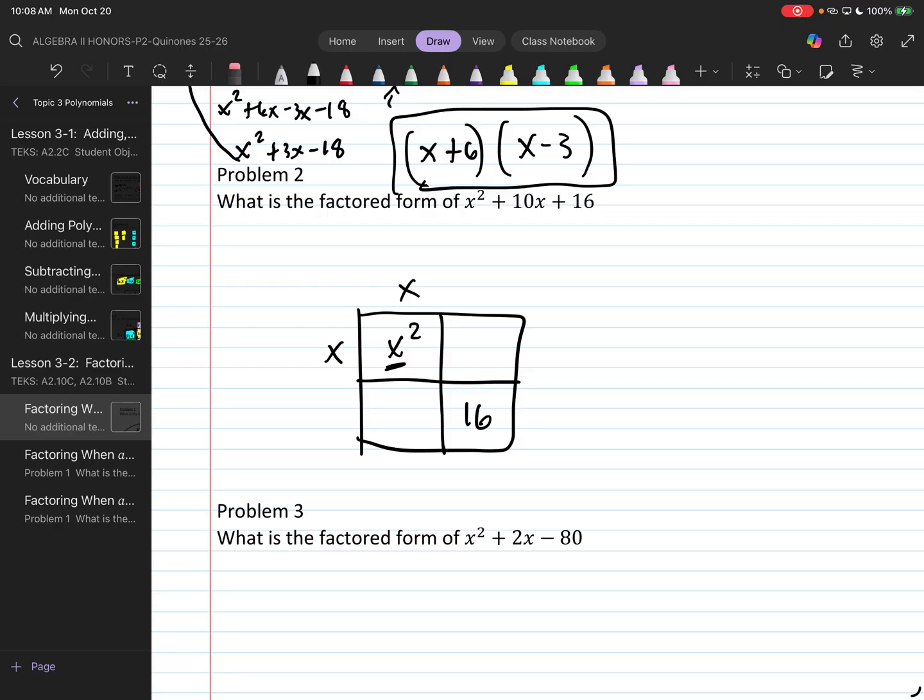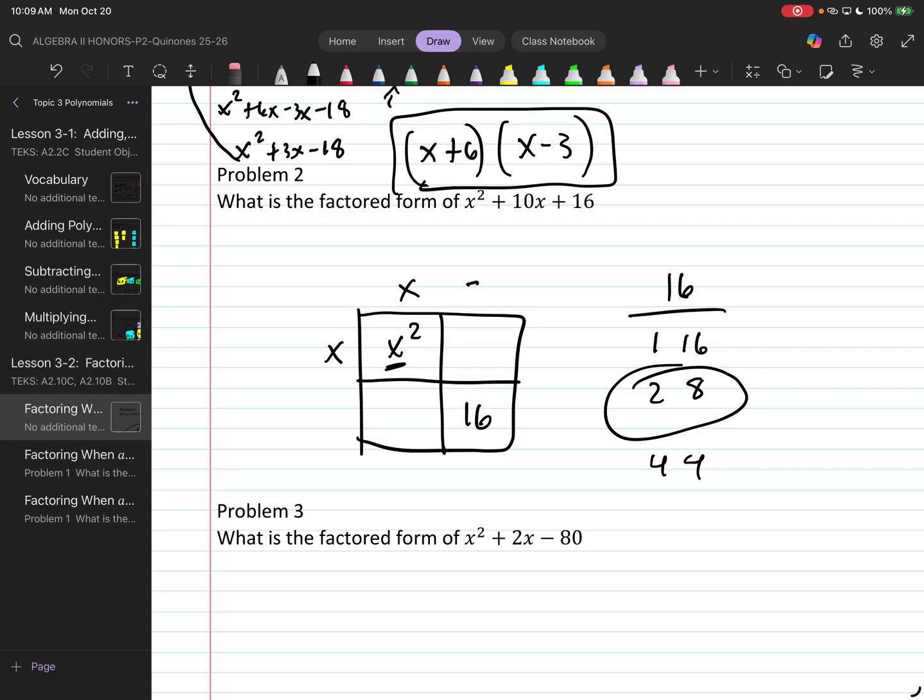Now I need to find my factor pairs for 16. 1 and 16, 2 and 8. As you progressively go through all of these practice problems, you're going to see patterns. You're going to see, okay, I know that 1 and 16 would be absolutely useless for me, but I know that 2 and 8 would work. And 4 and 4. Why would 2 and 8 work?